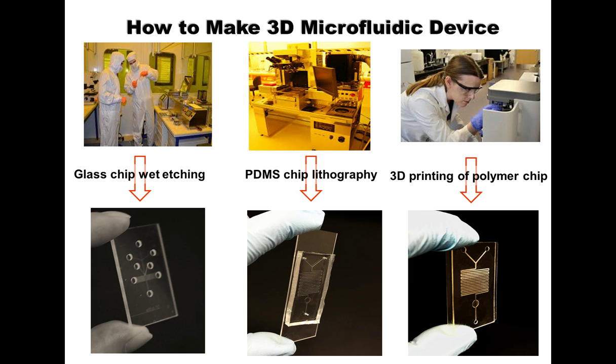The 3D printer integrates all the fabrication protocols into one step. You just simply convert your digital files in the 3D printing software, and then with one button touch, the 3D printer can generate the device through layer-by-layer printing to form the microfluidic chip.